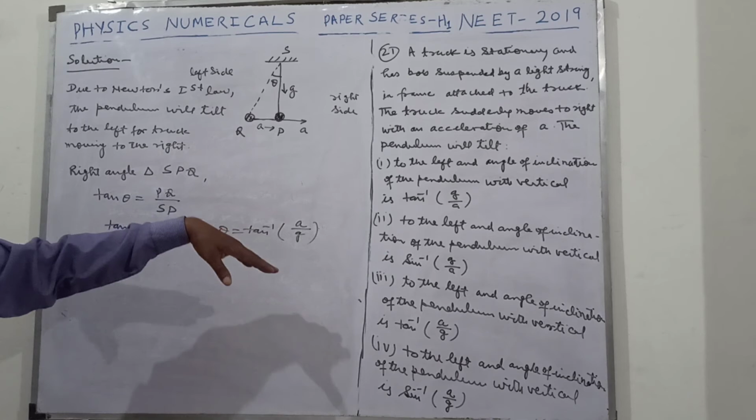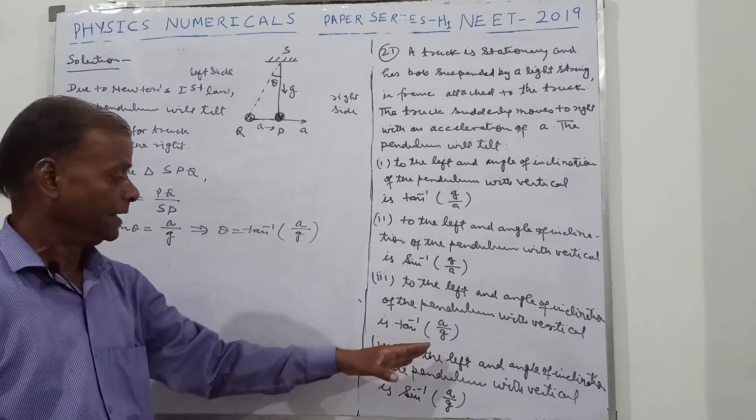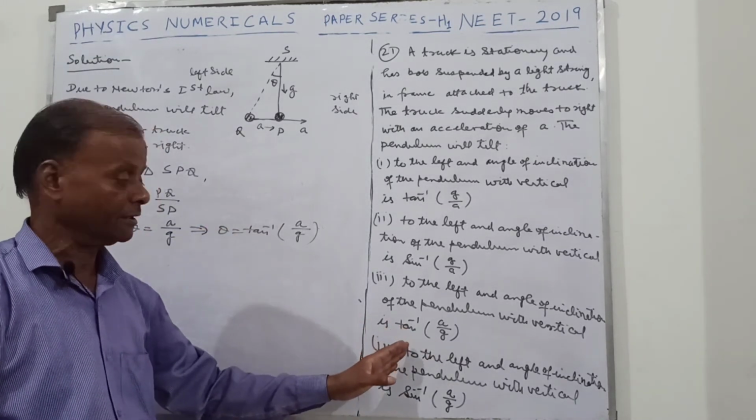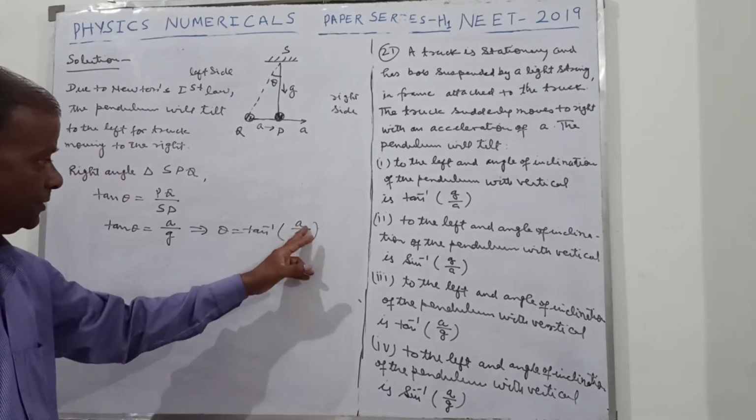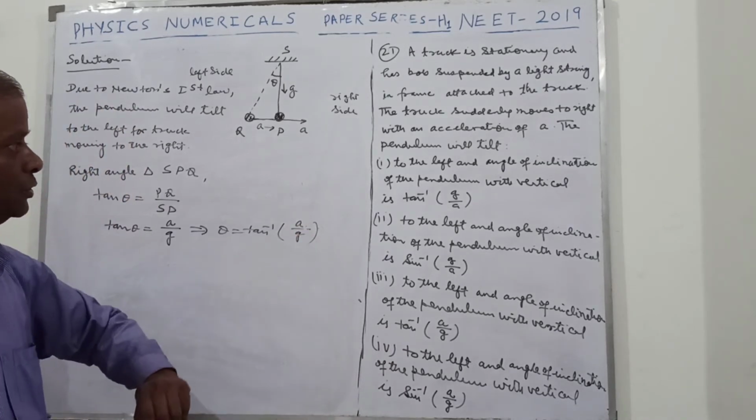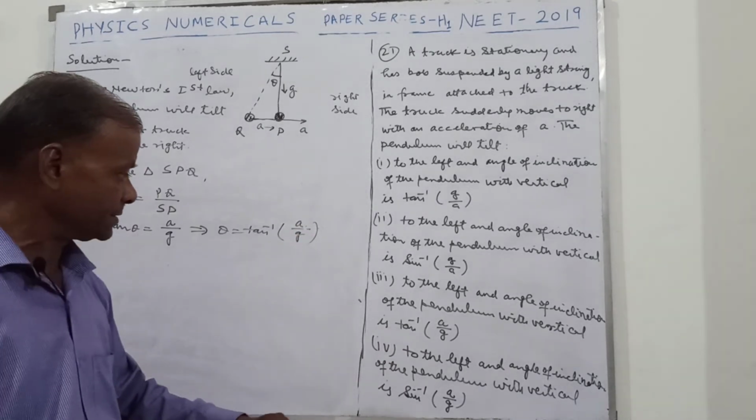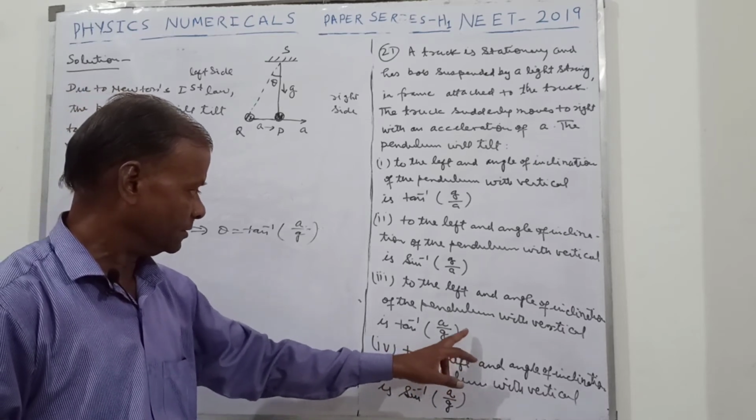So the pendulum must be tilted towards the left and the angle with the vertical will be tan inverse A upon G. So the right option is third.